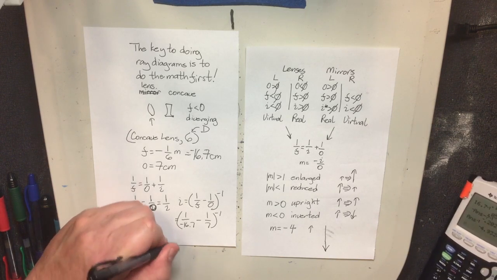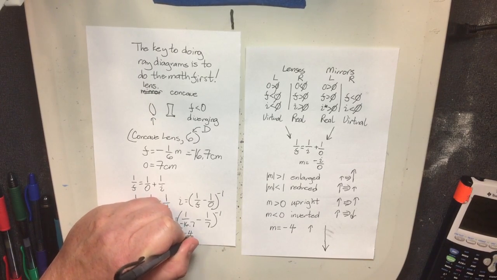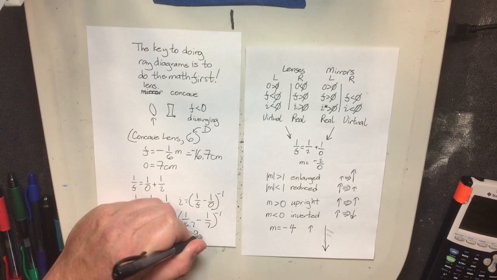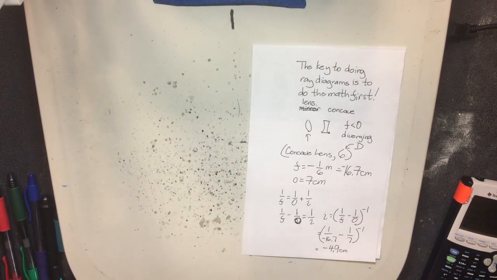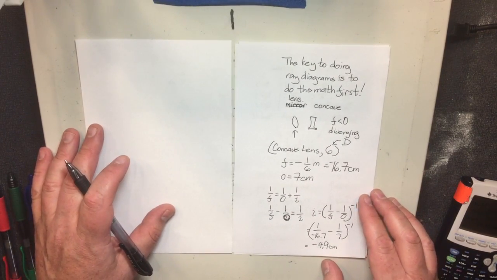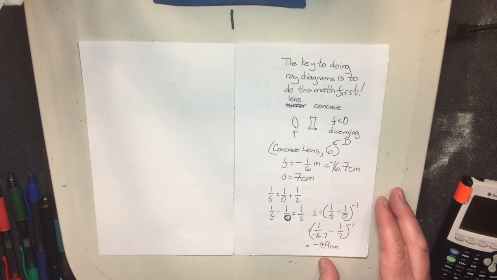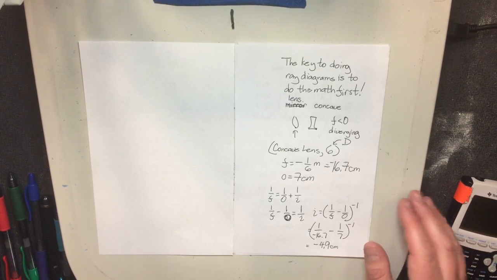So we have an image distance of negative 4.9 centimeters. So you've kind of chosen a weird object distance because the image is going to be so close to it.